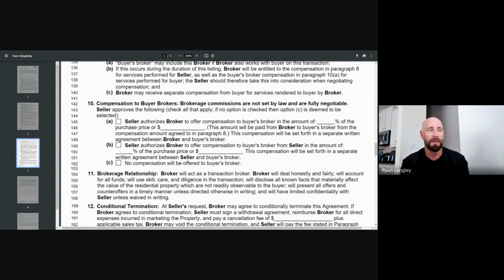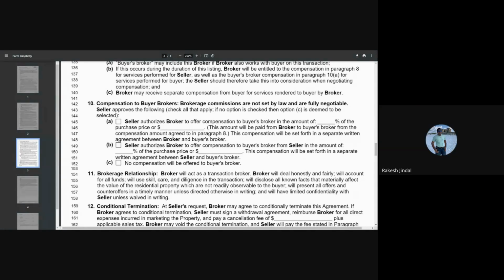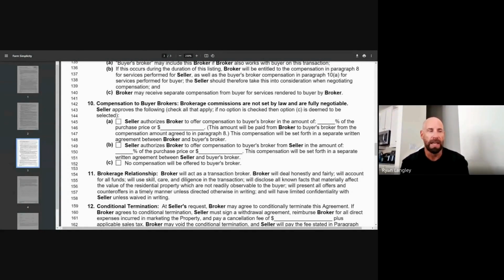If you guys tell me, I mean, there's no reason for them to say, I want to pay you, Rakesh, as my listing agent, 3%, but I only want to pay the other side 2%, which is fine. Well, then in that case, you would just write 5 up top and then put 2 on 10A, right? Unless they want to negotiate it later, I can't think of a scenario why the seller would say, I want to pay them and go ahead and give you a set amount right now.